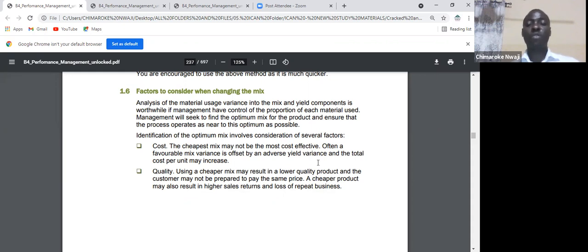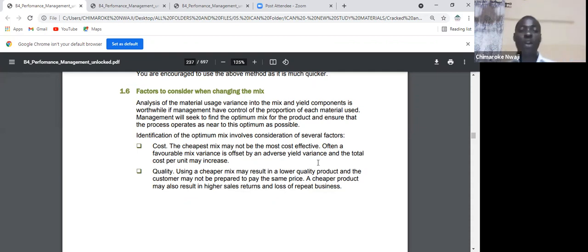So you need to take note of that. It means you have a cheaper mix, and maybe your yield became adverse. So where you gained in the mix by changing the mix, your yield became worse.